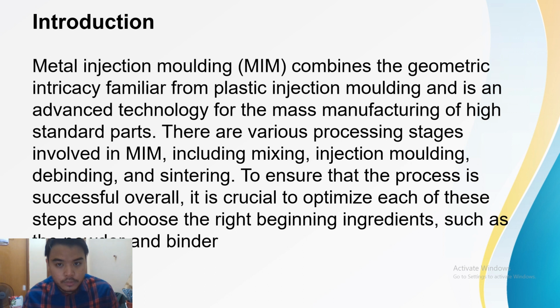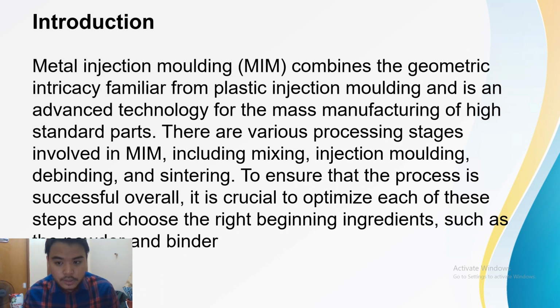Next, we will be moving towards the introduction. Metal injection molding combines the geometric intricacy familiar from plastic injection molding and is an advanced technology for the mass manufacturing of high standard parts.